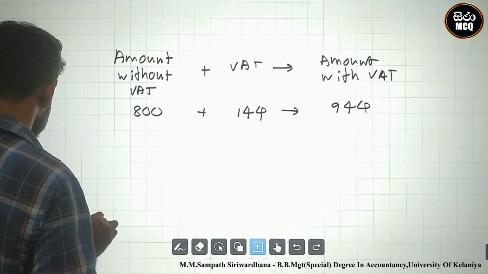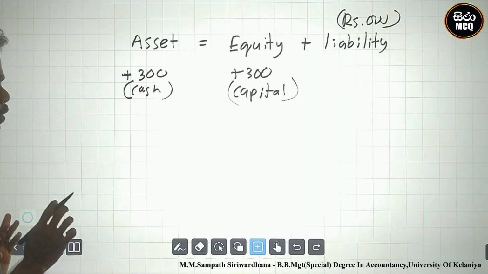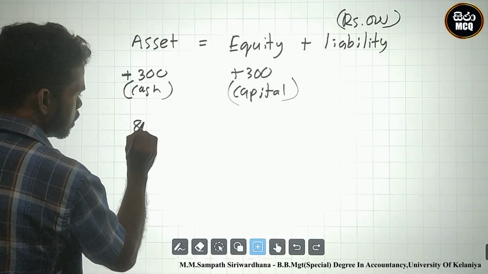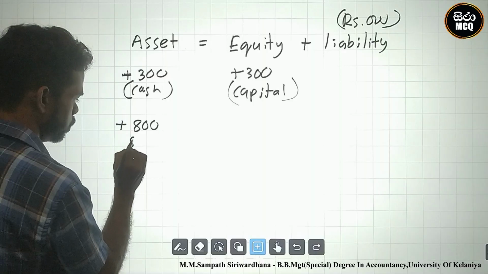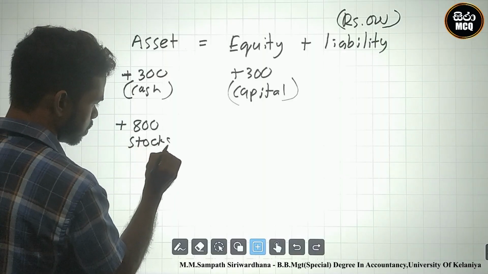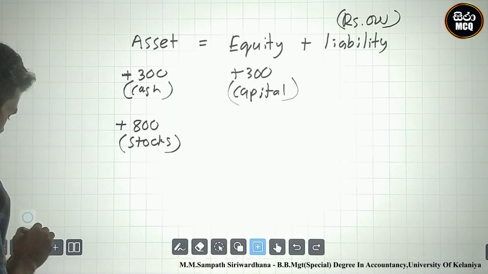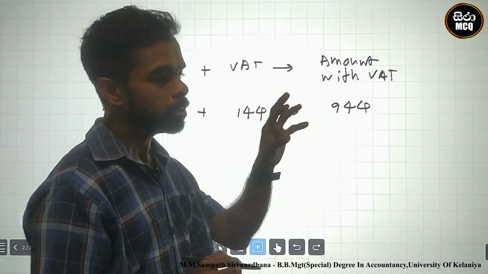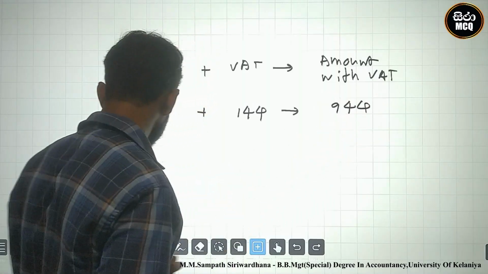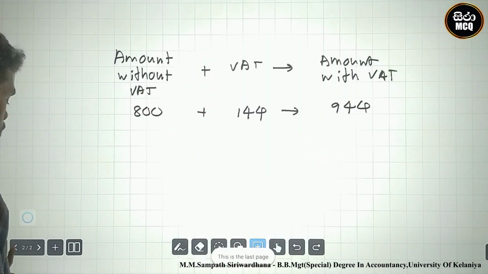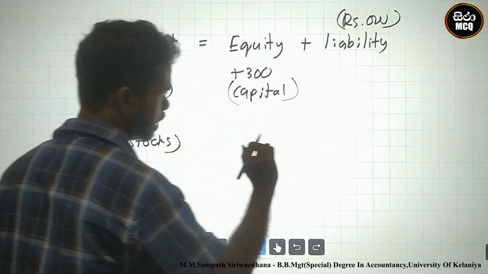At this point, credit purchasing, there is stock of 800 without VAT, plus stocks. The second one is we must pay trade creditors the total with VAT, 944.